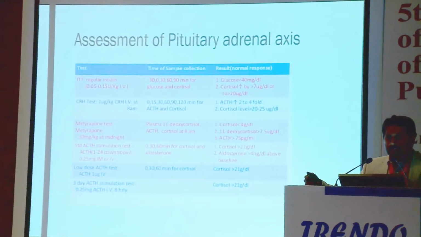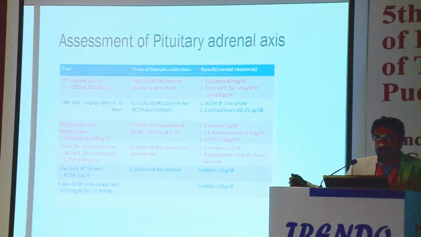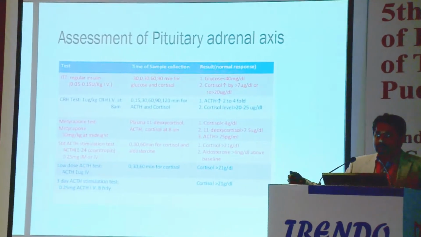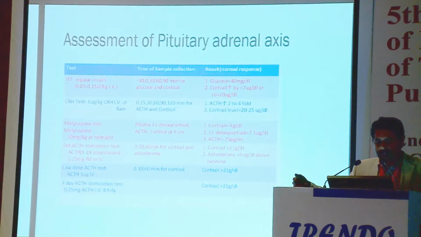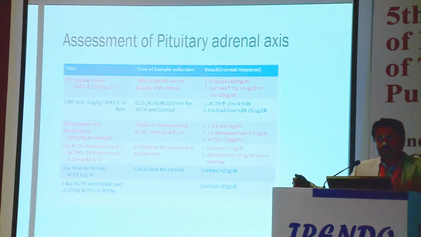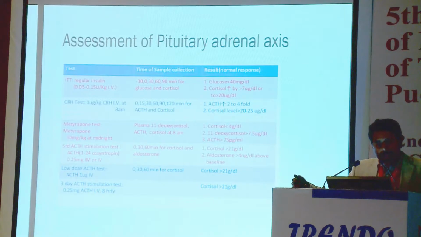Failure to raise the ACTH levels, or indirectly the cortisol, to a certain range suggests that there is deficiency of ACTH. The CRH test involves the use of synthetic corticotropin-releasing hormone to assess the ACTH reserve in the pituitary. The metyrapone test is an indirect test. What it does is block adrenal cortisol synthesis, and this deficient cortisol indirectly stimulates the production of ACTH.